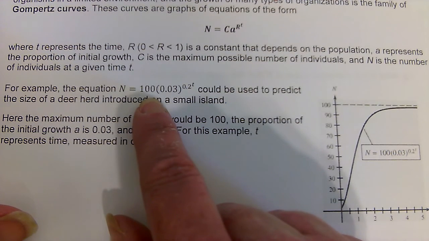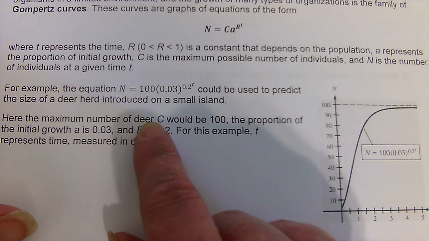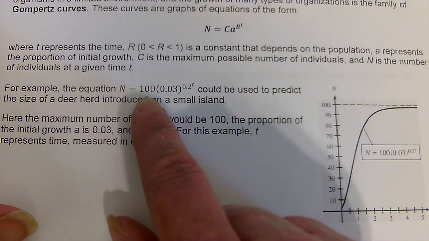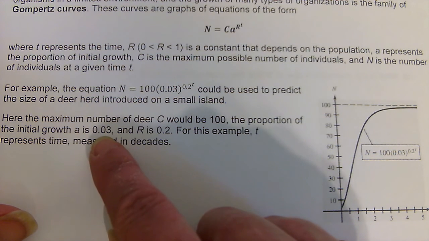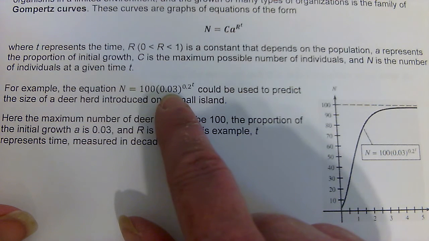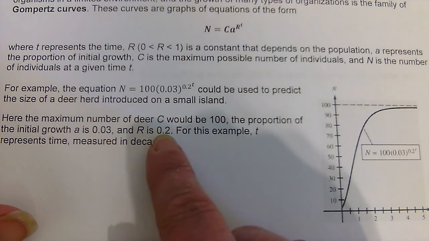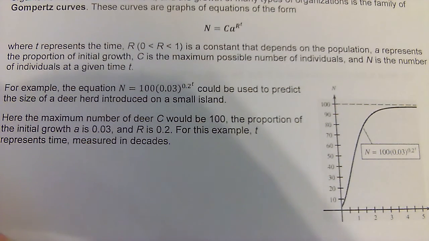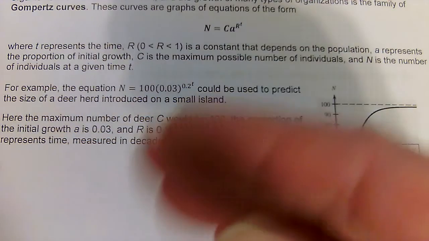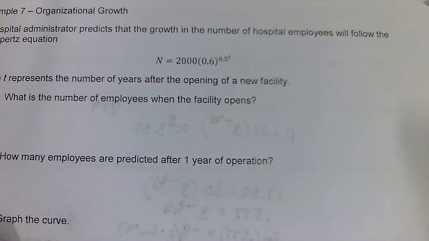So in this example, 100 represents the number of deer we started with. So this is deer on a small island. The growth rate is 0.03 and R is 0.2. And the time in this is representing decades. So let's see how we can work that.